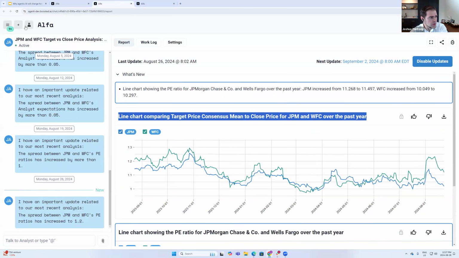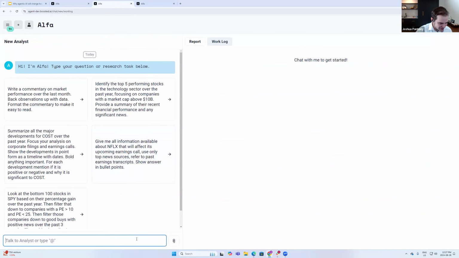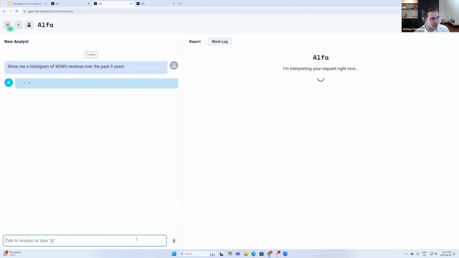And producing these kinds of dashboards is also really, really easy. I can come in and just say, show me a histogram of blah, blah company's revenue over the past few years.